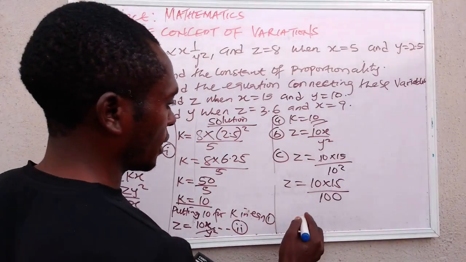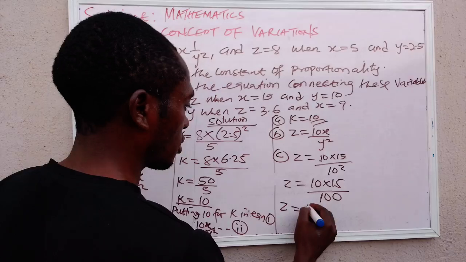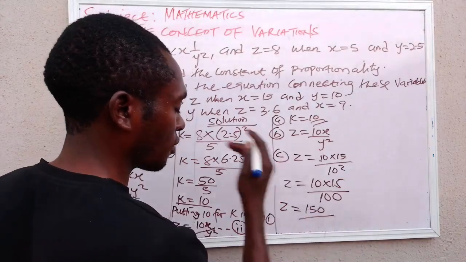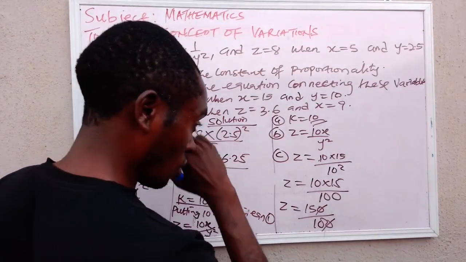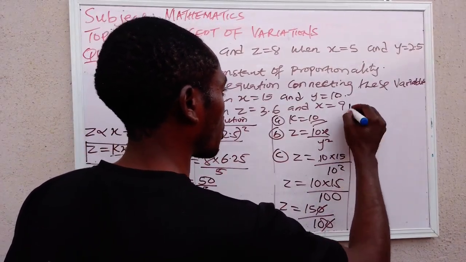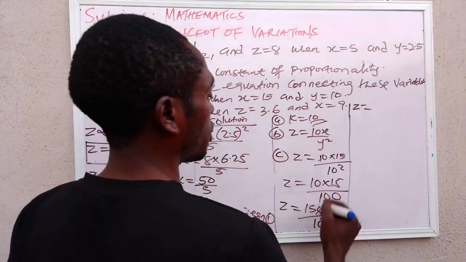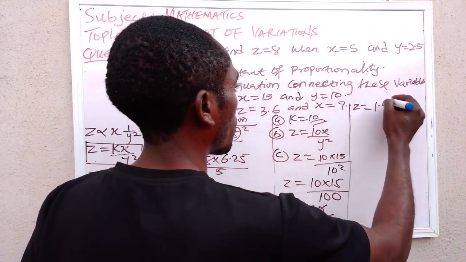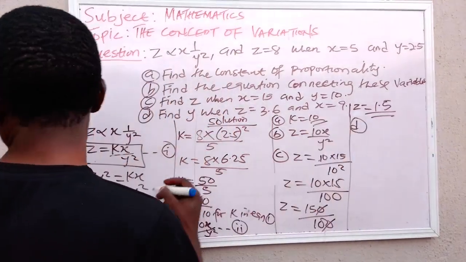So we have z is equal to 10 times 15, which is 150, over 100. This cancels this. So z is 10 times 15 divided by 100, which is 1.5. So z is 1.5.